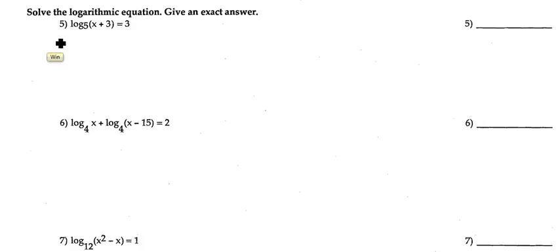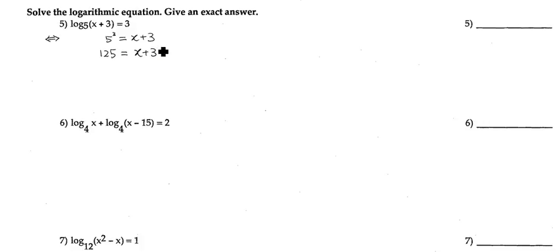So we want to get the x by itself. So maybe turn it back into an exponential form. We have 5 cubed is equal to x plus 3. 5 times itself 3 times is 125. And we are getting very close to having x by itself.